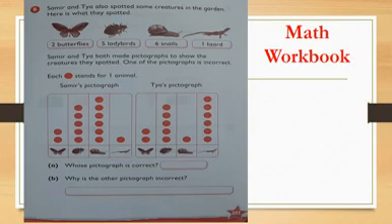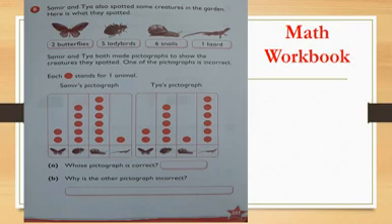So for Tia's pictograph, how many butterflies? Still the same, 2. Okay, how many ladybirds? Still the same, 5. How many snails? Okay, this time Tia has only 1 snail in her pictograph. How about lizards? So there are 6.